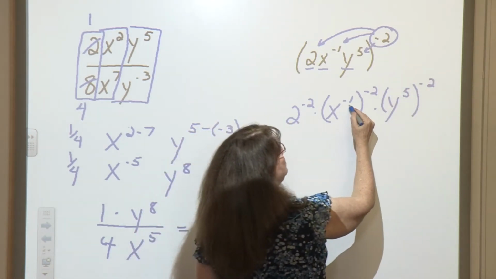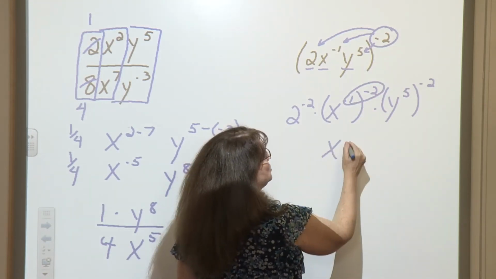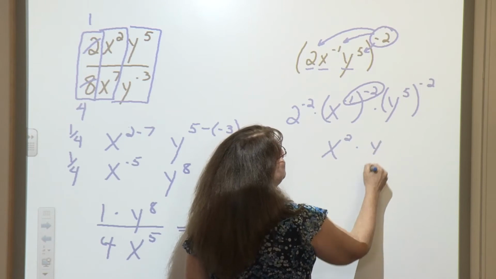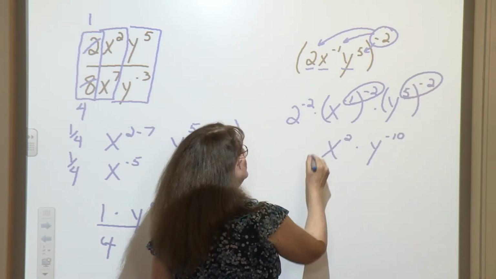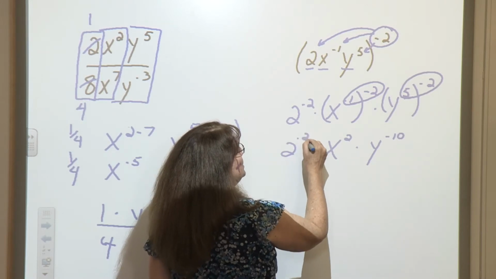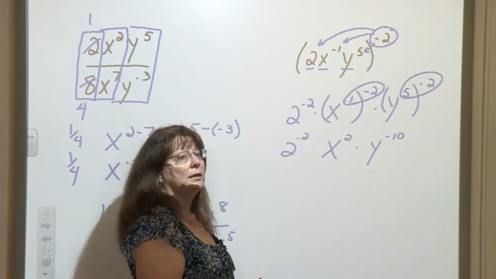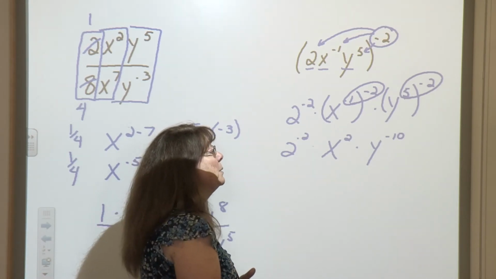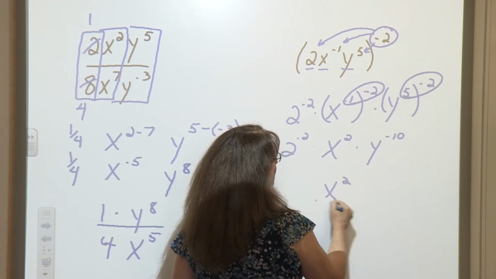Again, I've got a power to a power, so I'm going to multiply these together. So that'll give me x squared. And for my y's, negative 10. And 2 to the negative 2 power. Now, some of these are positive exponents, and some of them are negative exponents. The positive exponents I'm going to leave in the top. That's my x squared in the numerator.